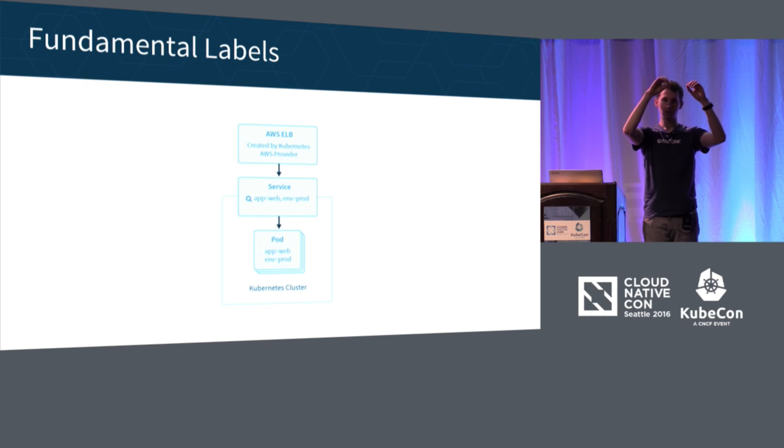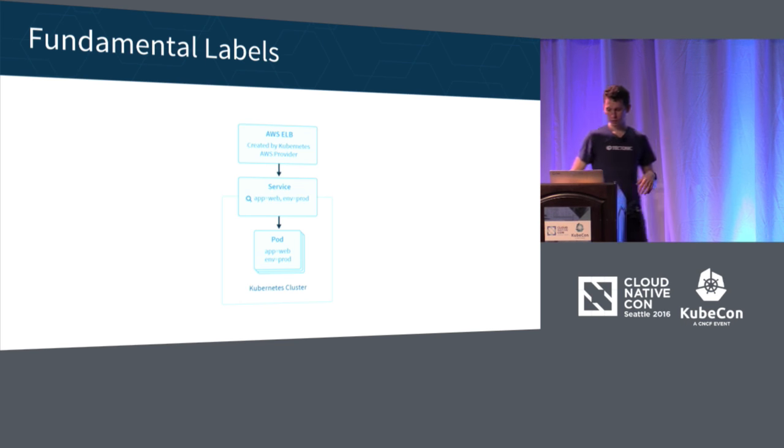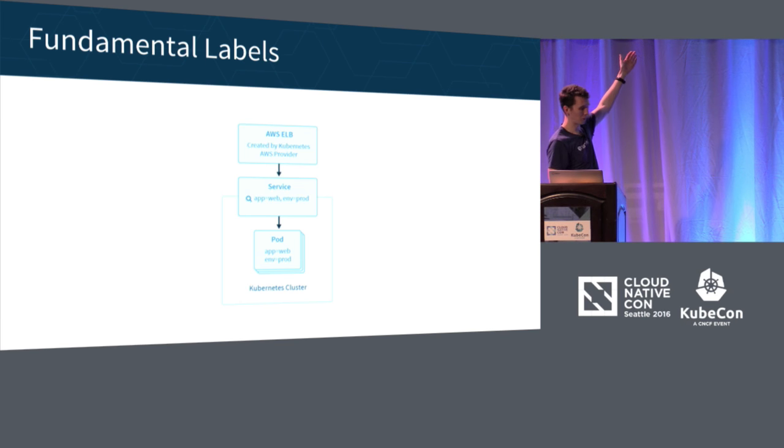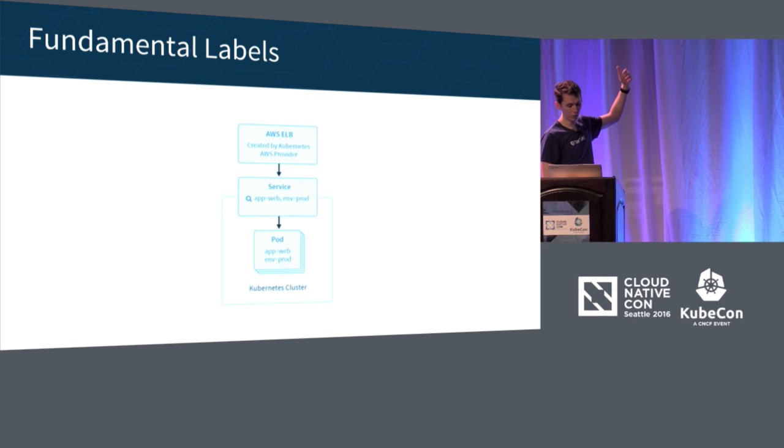For my service, that load balancer will then use label queries to find all the pods that can service that service. So it's very hierarchical. And then maybe you put that service behind an ELB or behind a load balancer inside of your data center, like an F5, or maybe you put that service directly on a network, like inside of a Google Cloud application.